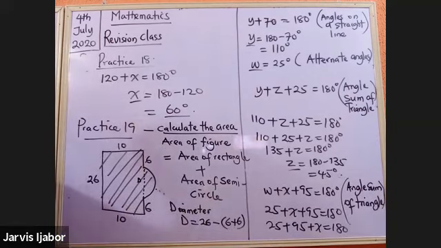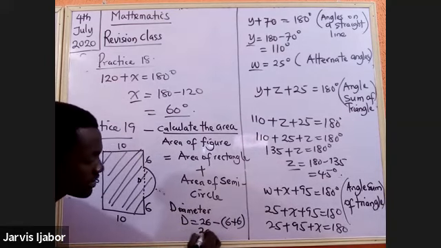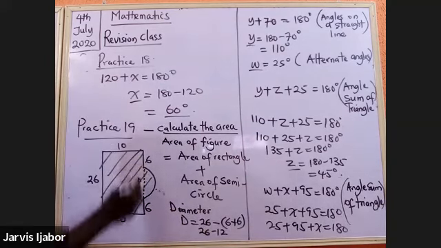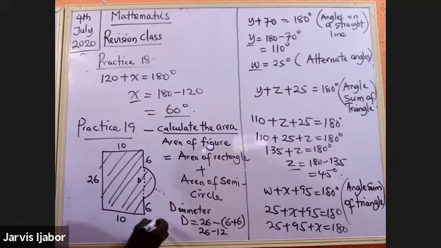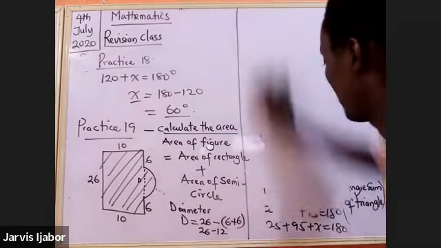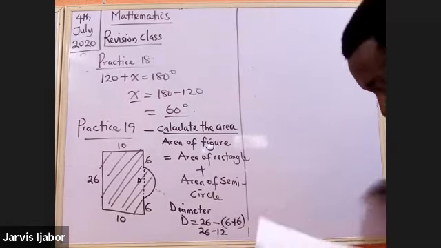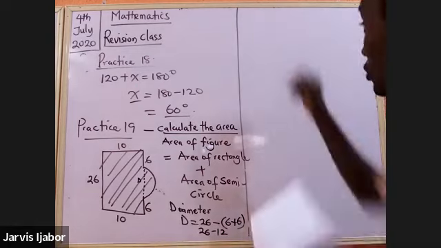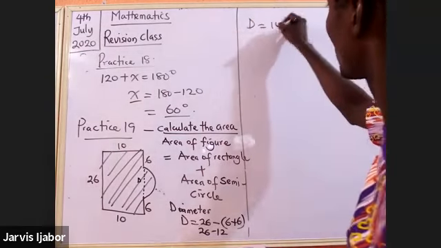And 6 plus 6 is what? 12, meaning 26 minus 12. So this diameter here will be 14. So diameter D is equal to 14.